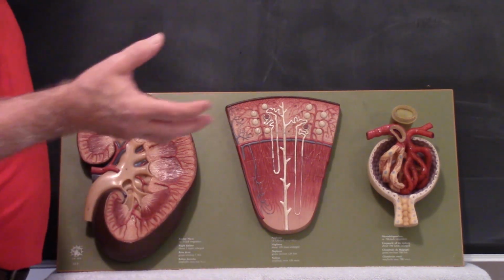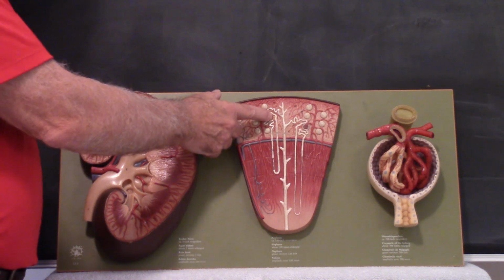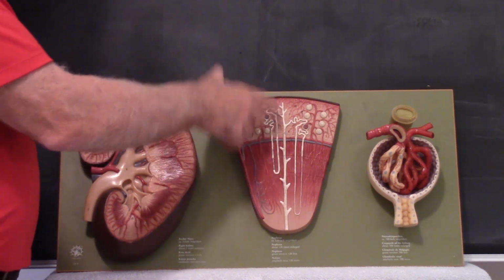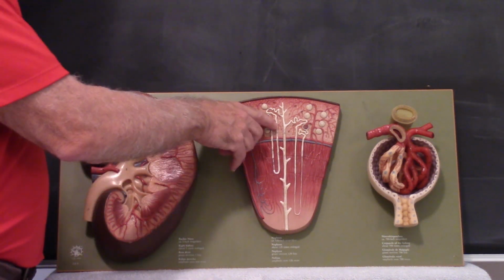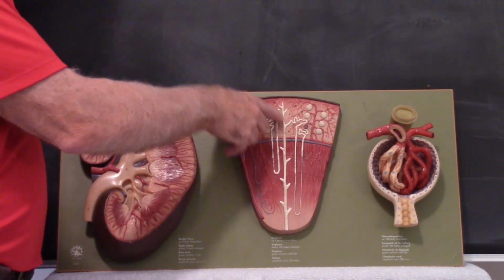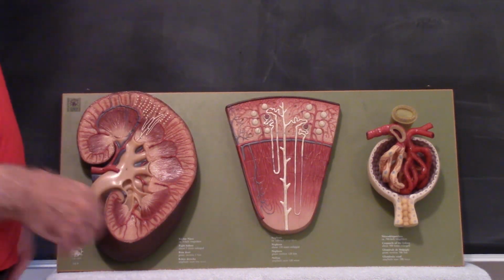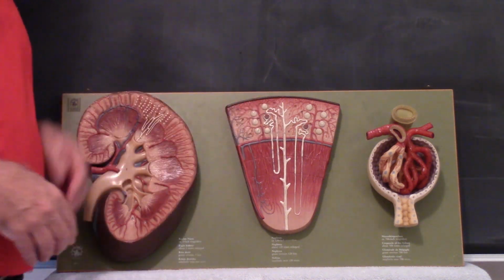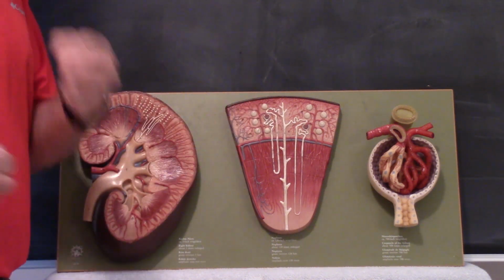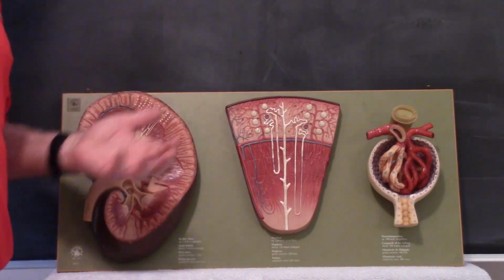So the nephron consists of the renal corpuscle and the renal tubule, where the renal tubule consists of the proximal convoluted tubule, the loop of Henle, and the distal convoluted tubule. So the proximal convoluted tubule and the distal convoluted tubule are windy tubes, and another word for windy is convoluted.